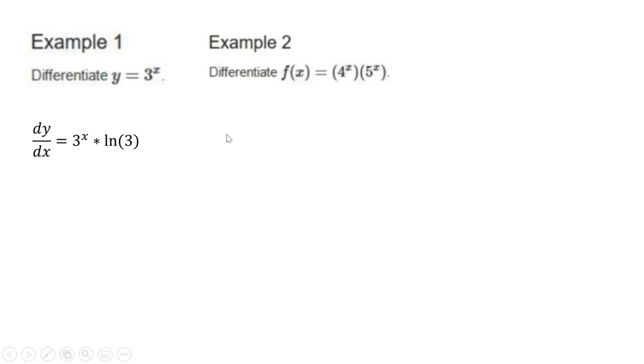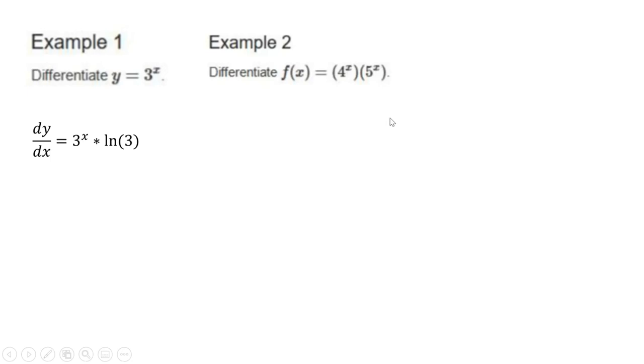Here's another example. And we're going to tackle this two different ways, which you'll see in a second. If we have 4 to the x times 5 to the x, think about that for a second. So it's a product of two functions, both of which are exponential. Right? 4 to the x is exponential, 5 to the x is exponential. And we're multiplying those two things together.